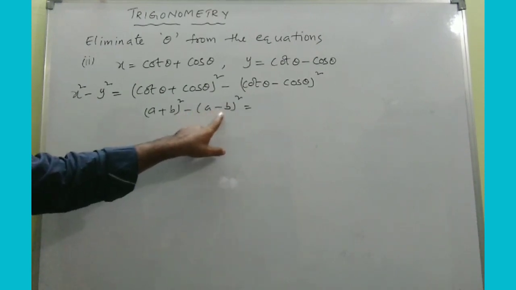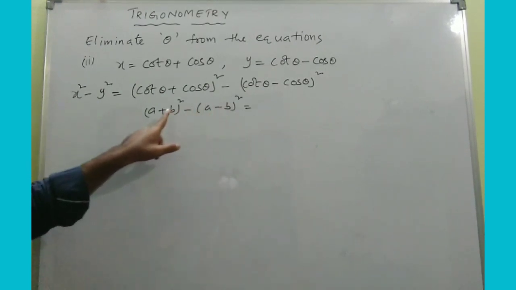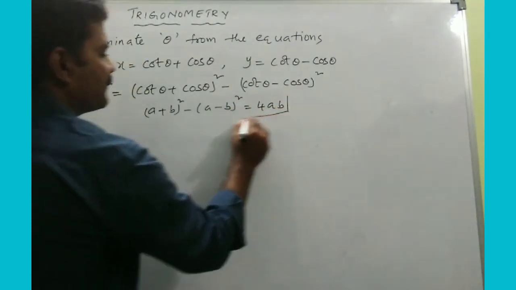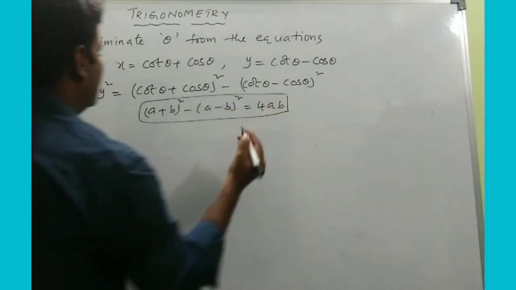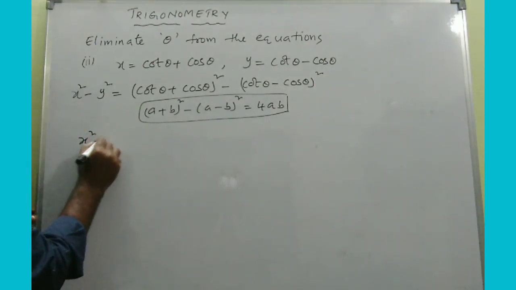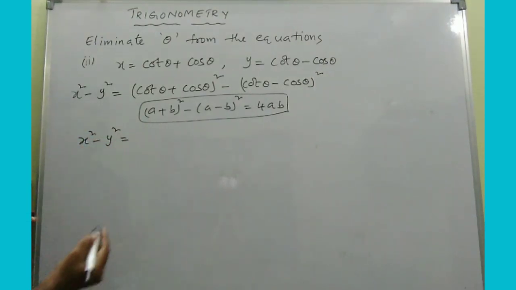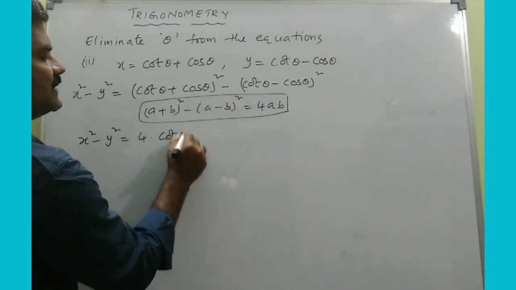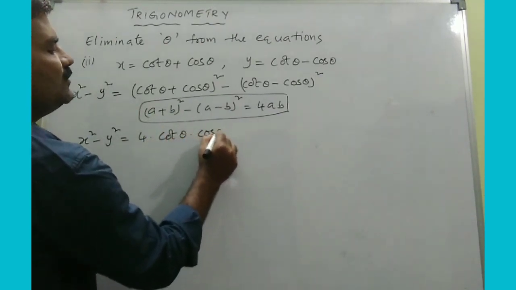So minus of minus is plus 2ab. So plus 2ab and plus 2ab, clearly 4ab. This is the formula. So according to that, x square minus y square is equal to 4 into ab. ab is nothing but cot theta into cos theta.